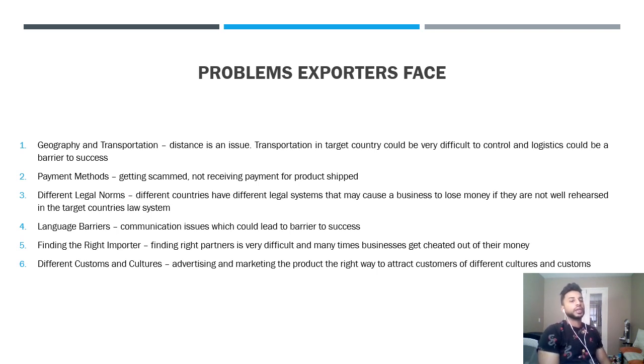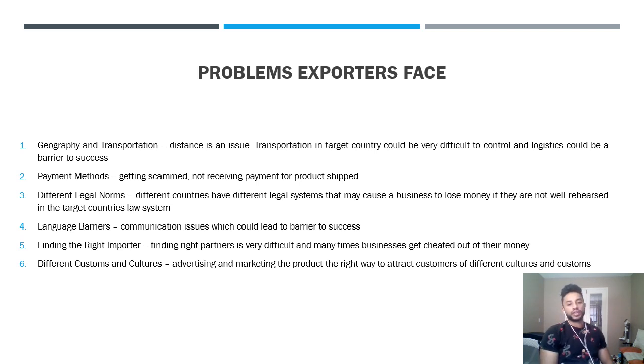Geography and transportation: distance is most times a real issue, getting your goods to the target market is very difficult, and logistics can be very difficult to get done. Payment methods: you get scammed a lot, and you don't get paid for your product. Different legal norms: you don't even know what the legal norms are in China. It could be some craziness like having to pay 10% GST before you pick up your product, and then getting that back on your taxes.